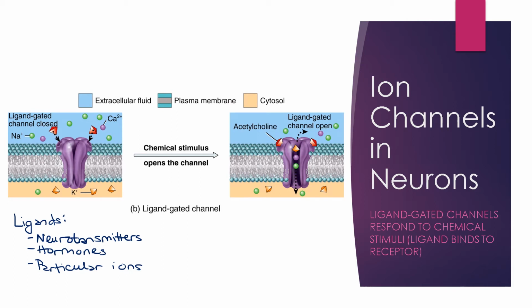Now again, these are going to be very specific channels. Only a very specific ligand can bind to their binding sites to open the ligand channels. So here, this particular ligand-gated channel is specific to acetylcholine. So only acetylcholine can open this channel.